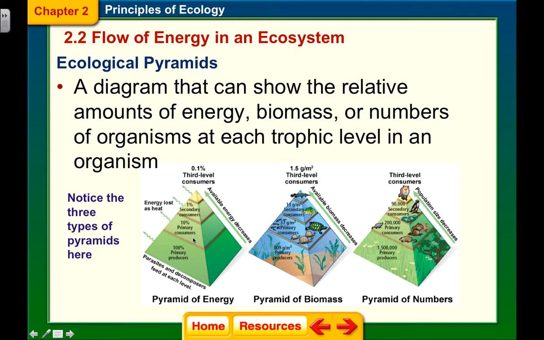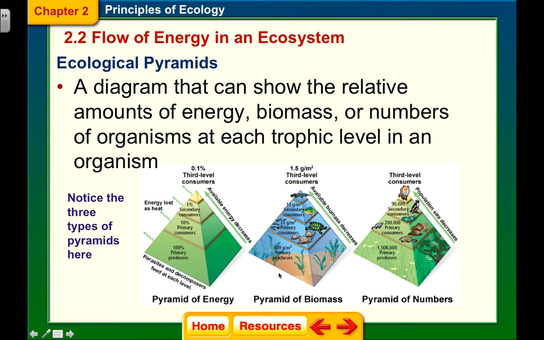And that's an important thing to notice. And then another 90% of it gets lost as you go to the next level and the next level. So only about 10% in any given ecosystem will jump from trophic level to trophic level. There's a lot of heat that comes out of these, and that is lost energy to us. It doesn't get recycled, it can't be recaptured and reused, it's just lost.